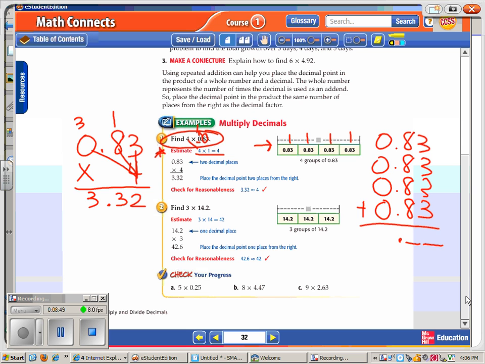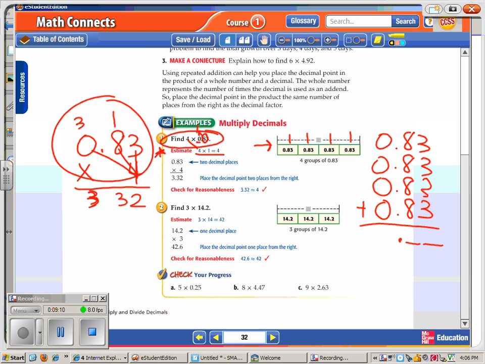And you know what, I'm doing something that I'm so familiar with multiplying by decimals that I don't even realize I'm doing it. Generally, when we're first learning to multiply by decimals, we just put the product in, and then we look back at our factors, and we look to see how many decimal places are in our factors.